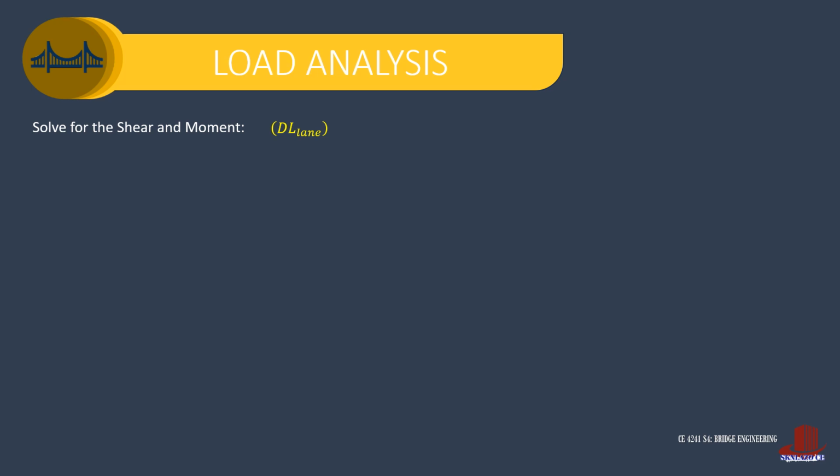With the dead loads identified, we take the raw shear and moment due to dead loads. Shear and moments are taken at the midspan of the bridge. Thus, maximum shear is the load times the bridge span over 2, and the maximum moment is WL squared over 8.